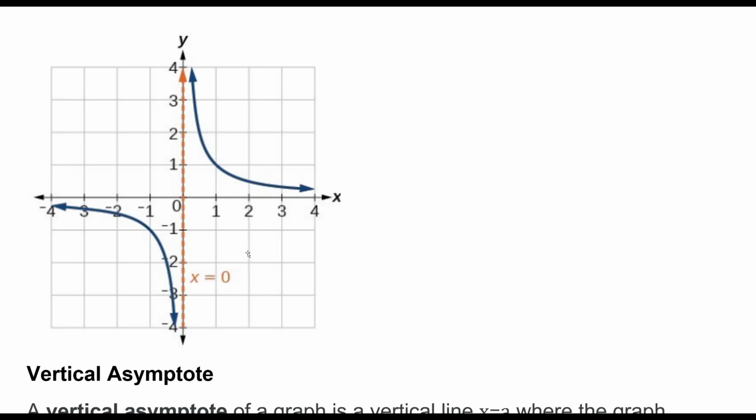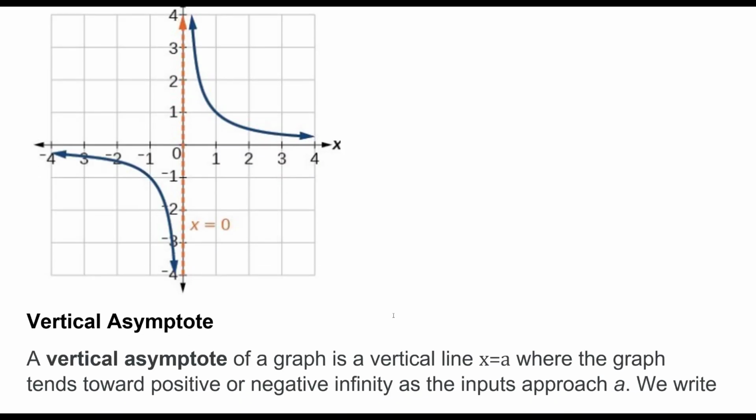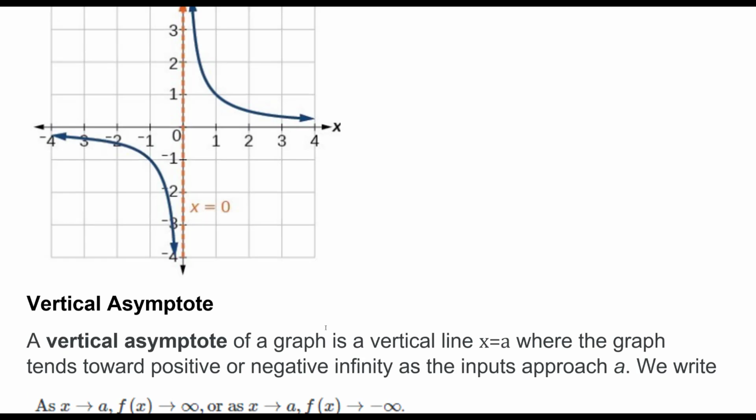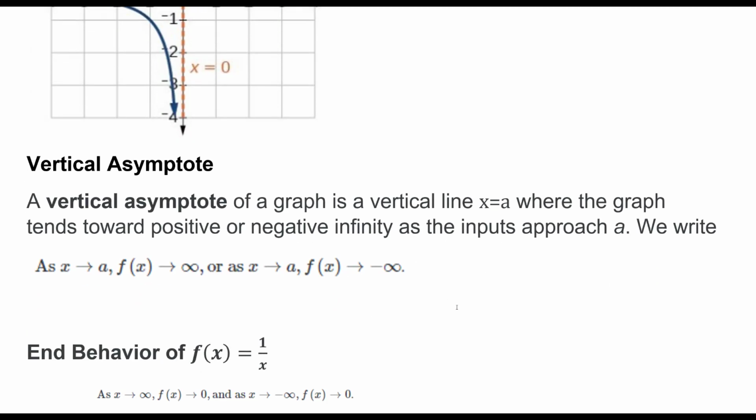Looking at this graph, this orange line is called an asymptote. It's a line that the graph approaches but does not cross. This is a vertical asymptote. A vertical asymptote of a graph is a vertical line x equals a, where the graph tends towards positive or negative infinity as the inputs approach a. We write, as x approaches a, f of x goes to infinity, or as x approaches a, f of x approaches negative infinity.